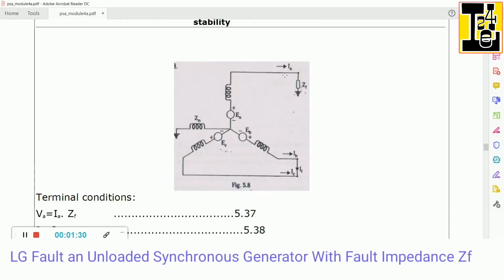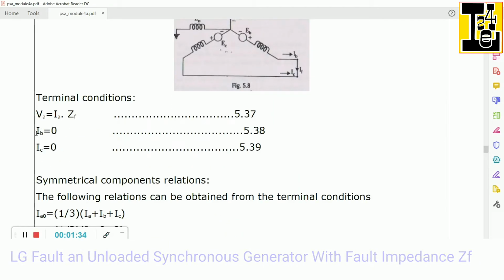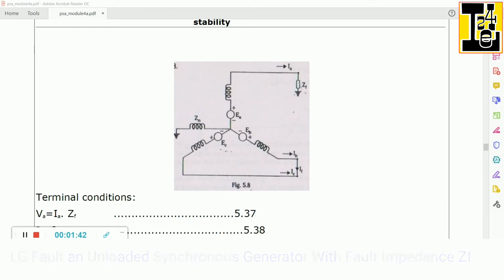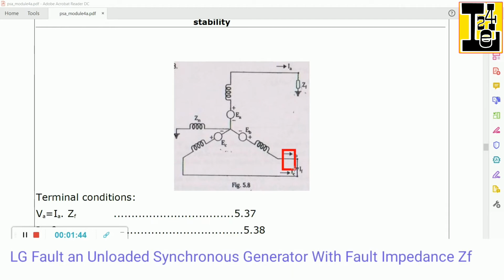As the fault is taking place at phase A, the other two line currents will become 0, that is IB equals 0 and IC equals 0. As I said earlier, please don't consider this one. There is no fault here. By mistake I have drawn it.